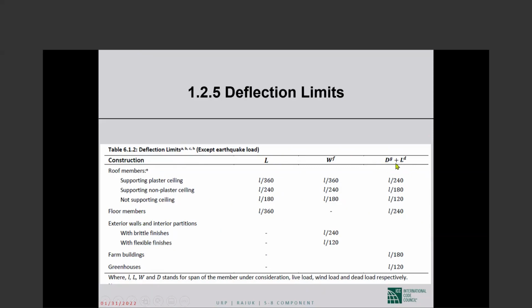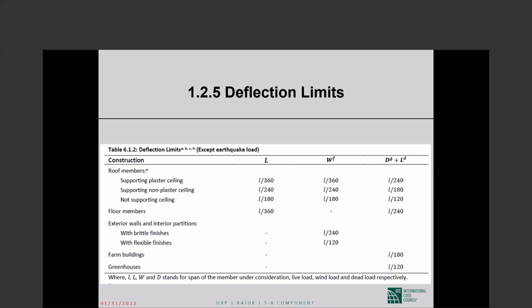So when it says dead and live load, if you go by the serviceability load combination of the code, you will probably be looking at dead plus half of live. The sustained dead load plus half of live.